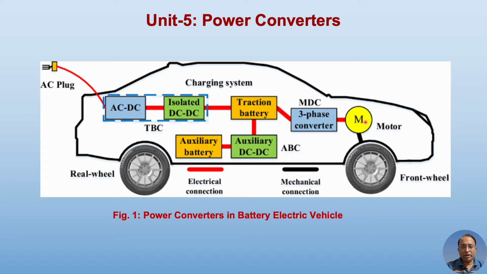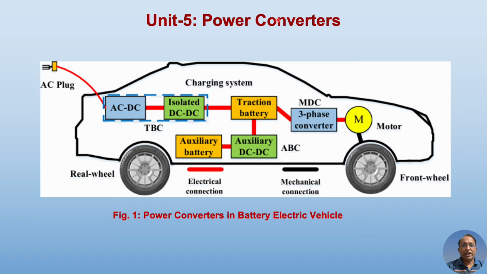So this is a motor, this is a battery, and all the other blocks are the power converter circuits. So there are several power converters used, as we can see from the diagram, for each electric vehicle.